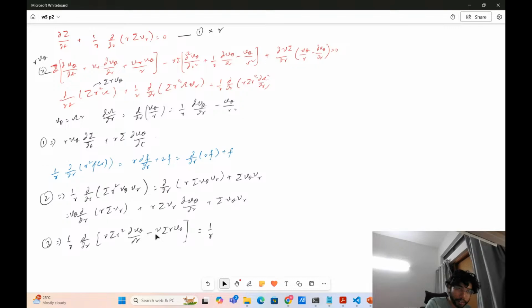If we do the derivative of μ σ first, you will have ∂/∂r of μ σ, and inside the bracket, this r will cancel with one r over here, so this will be r ∂v theta/∂r minus v theta. And now we will do μ σ times ∂/∂r of the rest of the thing, which is r square ∂v theta/∂r minus r v theta.